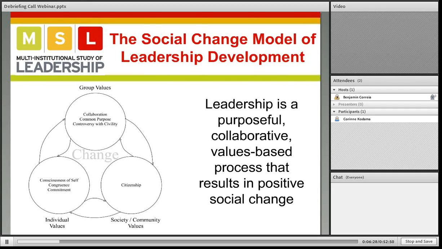If you want further information or a more detailed explanation of the social change model, we do encourage you to look at the Concepts and Connections articles located on our MSL website, leadershipstudy.net. You can download those and get an overview of the social change model for your use.